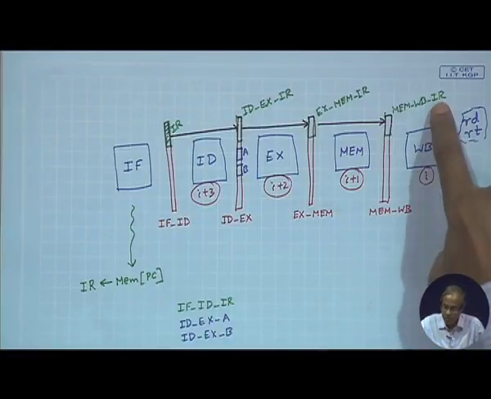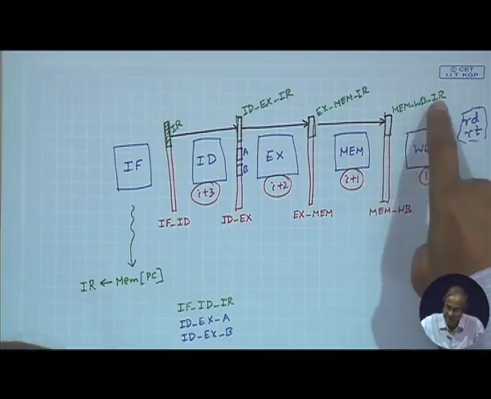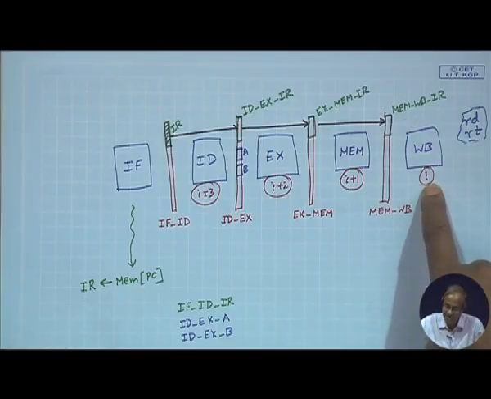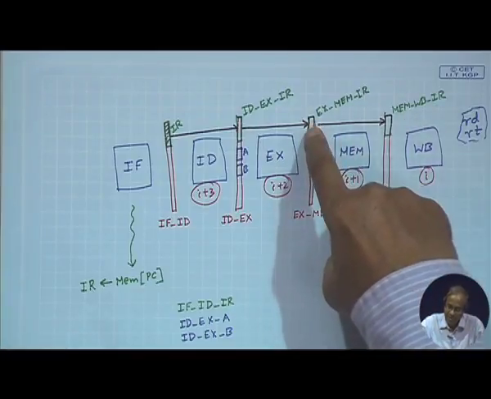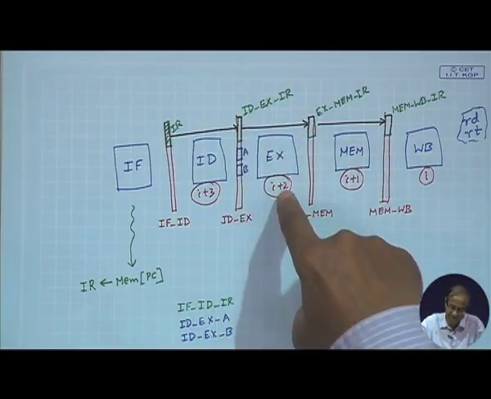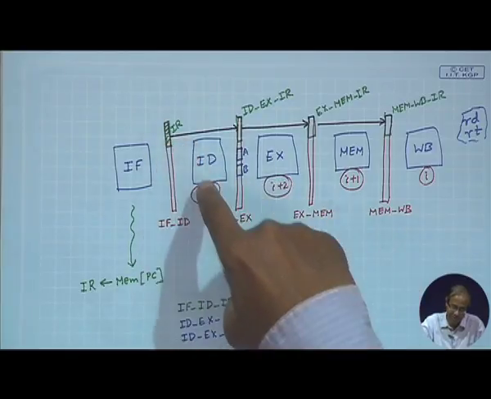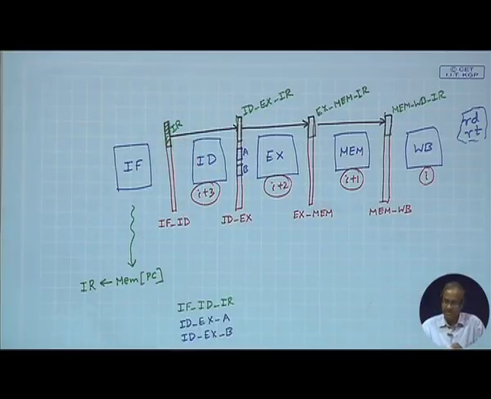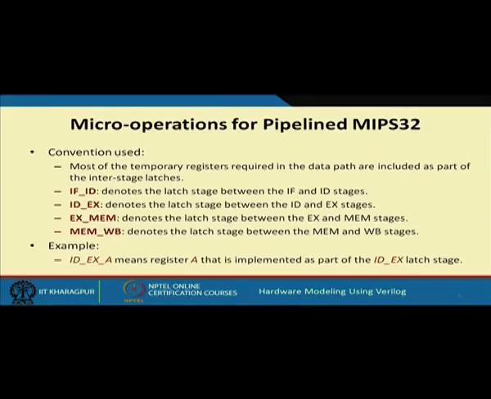So, whatever IR is stored here, that is the IR of instruction I, and whatever IR is stored here, that is the IR of instruction I plus 1. This is the IR of instruction I plus 2, and this will be the IR of instruction I plus 3. Okay? So, this explains why we need to forward the same register across stages so many times, because there are so many instructions moving and each of them will need their own IR. Their instructions are different, so their IR will also be different, that is why.